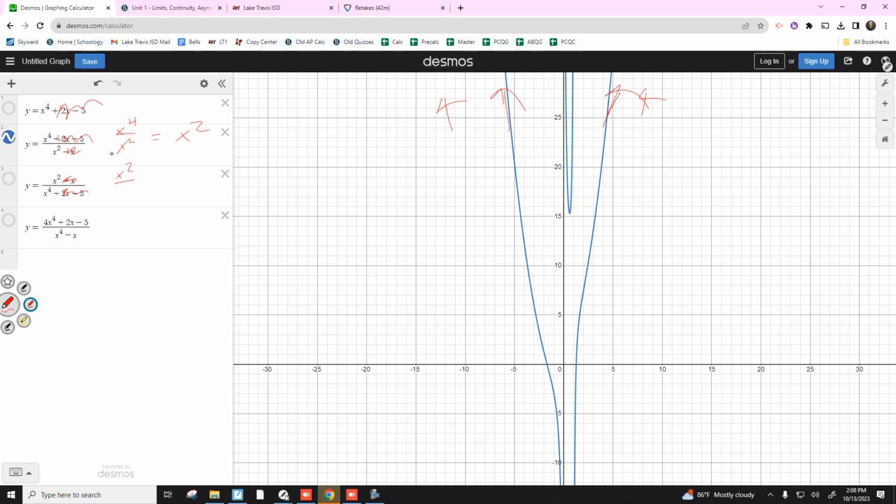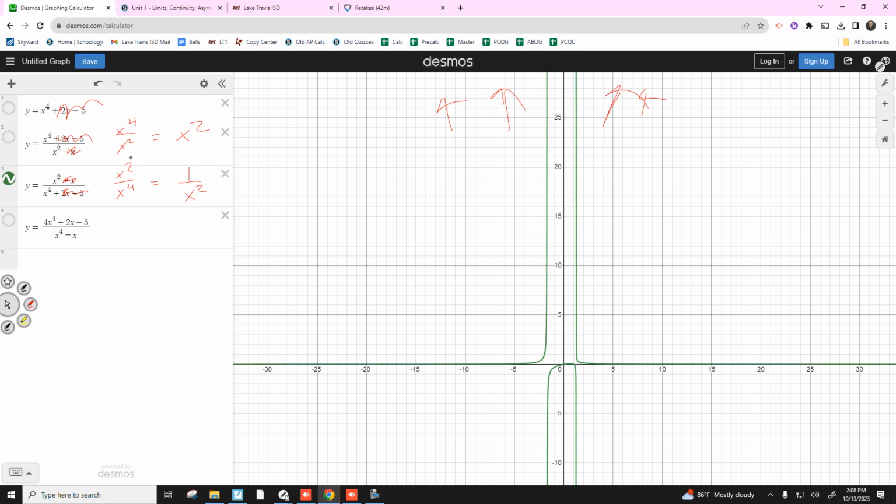The next one I looked at goes to x to the 4th in the bottom, x squared in the top, and watch what happens. What do you expect this end behavior to look like? Tell your neighbors, what does 1 over x squared's end behavior look like? It's going to go to 0 on the left, 0 on the right. There it is.